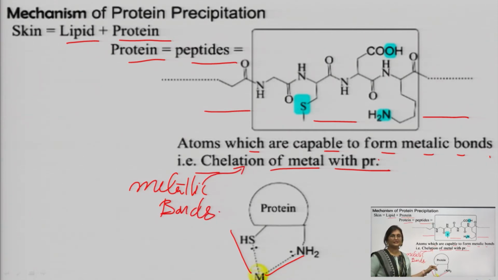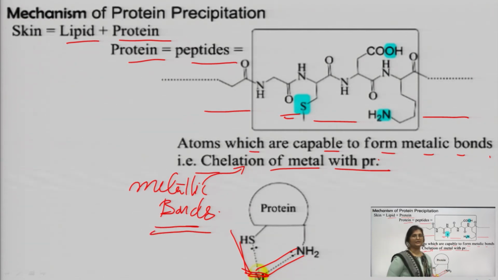Metal containing astringents form chelates with those proteins that can form chelation, especially sulfur containing proteins. They bind with these proteins and form chelates. This is how an astringent binds with the skin.